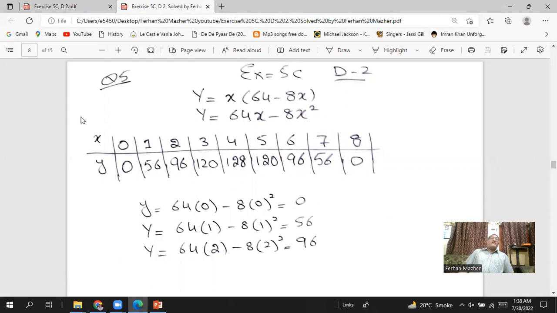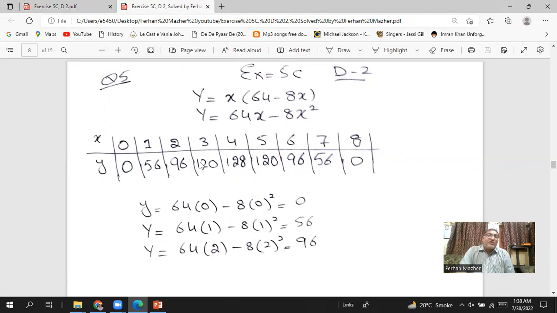When x is 1, it is 64 times 1 minus 8 times 1 squared, and you get 56. When you put 2, in your calculator you write 64 times 2 minus 8 times 2 squared, which equals 96.